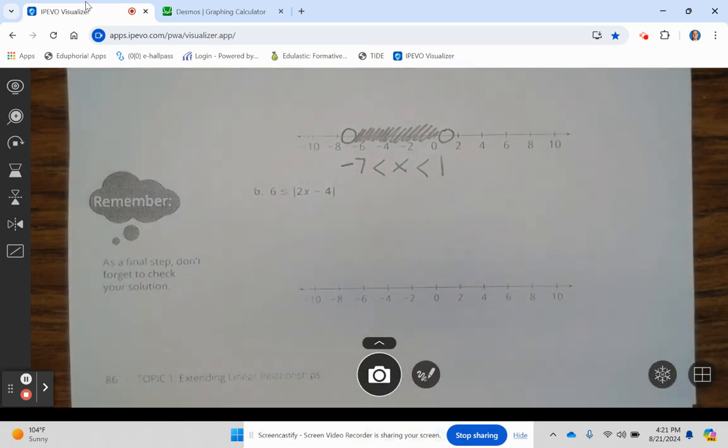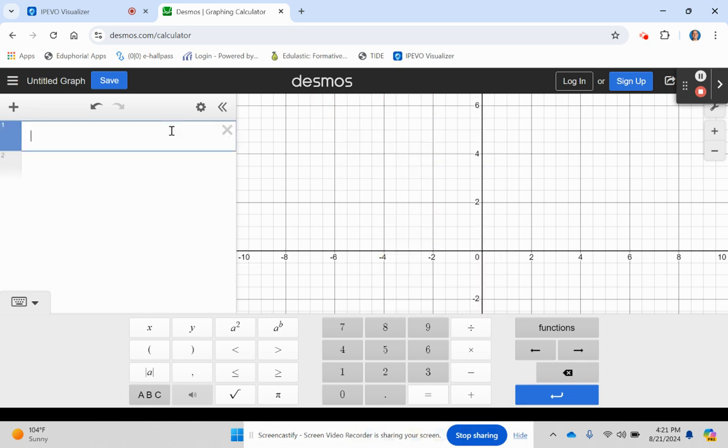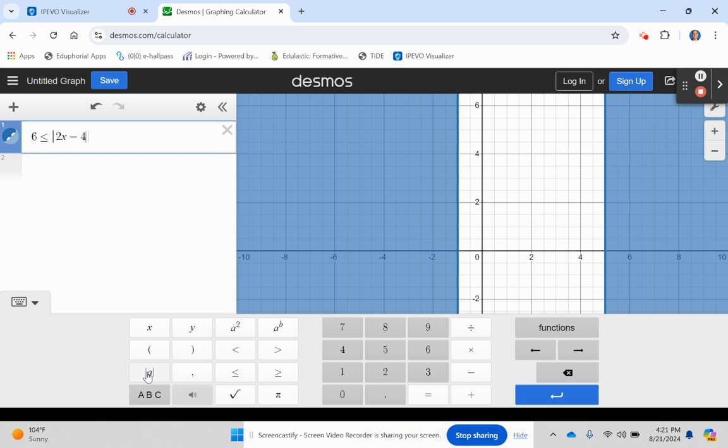Let's take a look at 1b. So we're going to put that in Desmos. All right, so you see we have a closed circle at -1 and a closed circle at 5.